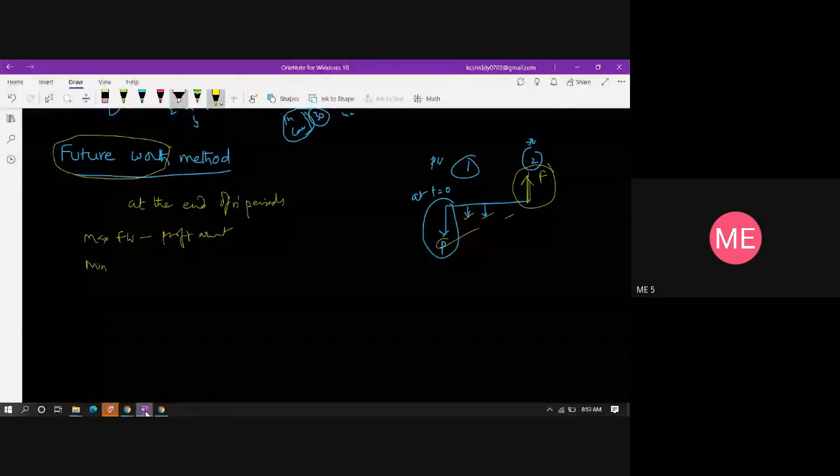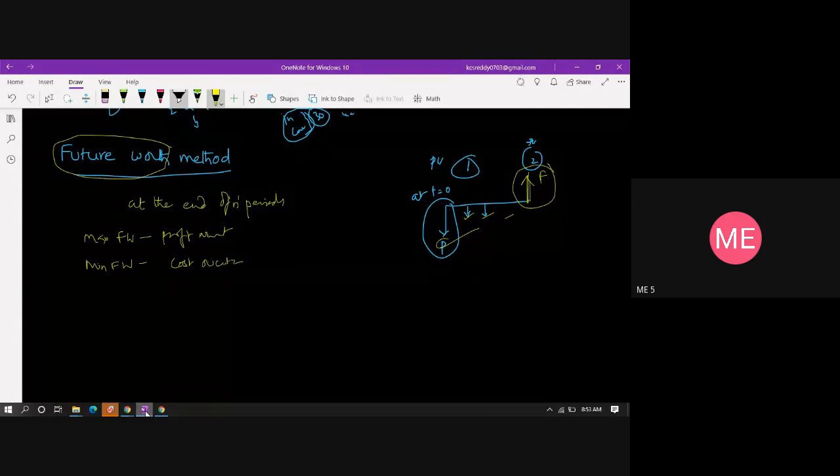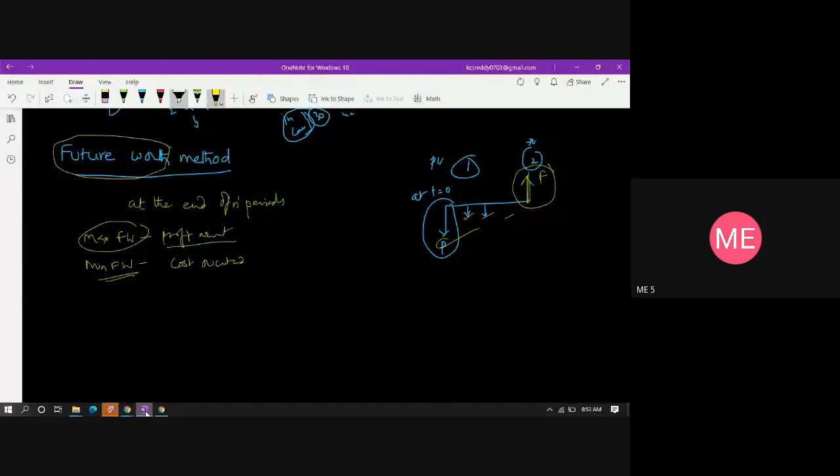In the case of cost oriented, when you are trying to reduce the cost, we look at the minimum future worth, and that will be considered. If it is increasing the profit, sales or revenue, then we use the maximum future worth of the alternative. That is how we choose the best alternative in the future worth method of comparison.